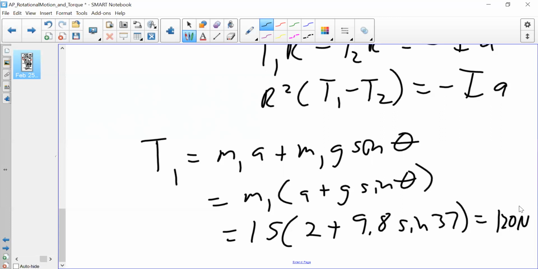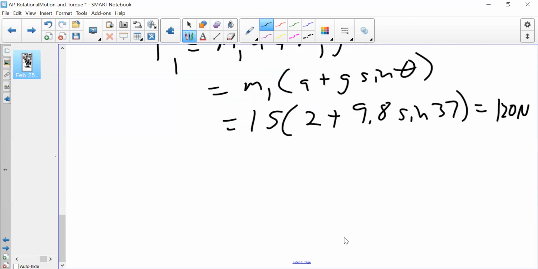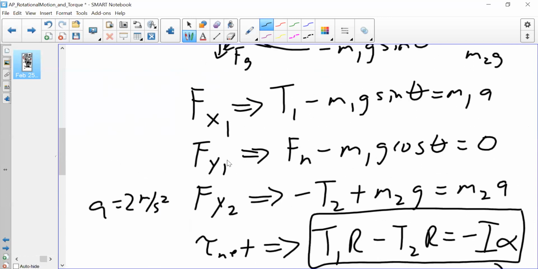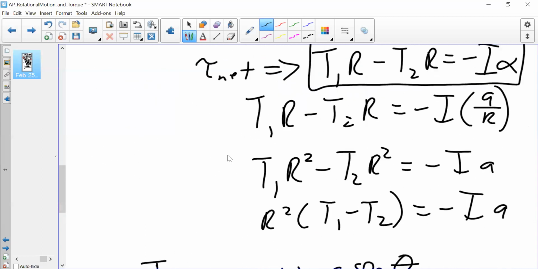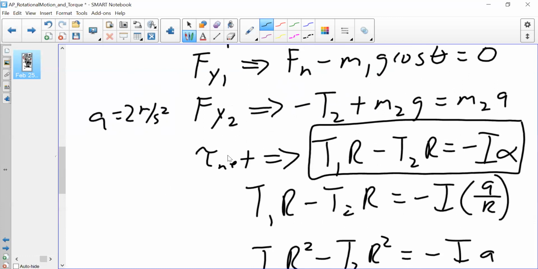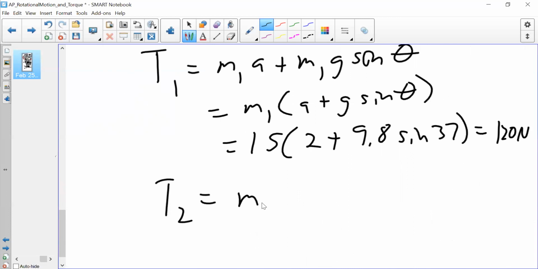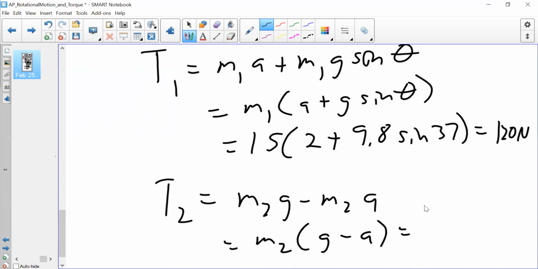And then T2, similar. You can find it. Let's see. Okay, so it's going to be M2G minus M2A. So mass 2 times G minus A, 9.8 minus 2. 20 times 7, roughly 156.